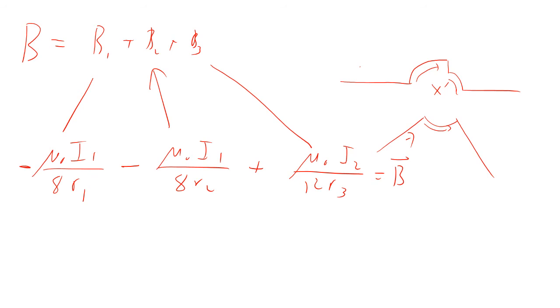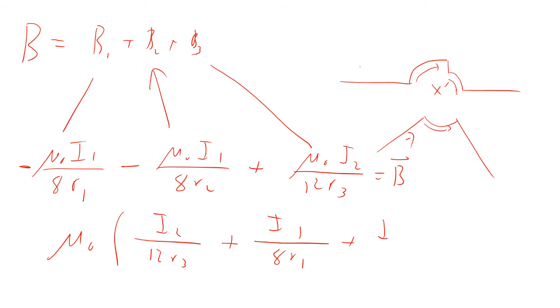Okay. And so we look at that, and so we can say, well, we can clean this up a little bit. If we make that look a little neater, this is going to be equal to mu naught times I2 over 12 R3, okay, plus, or minus I1 over 8 R1 minus I1 over 8 R2.